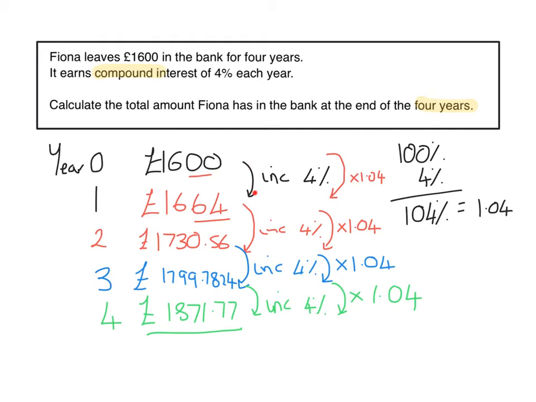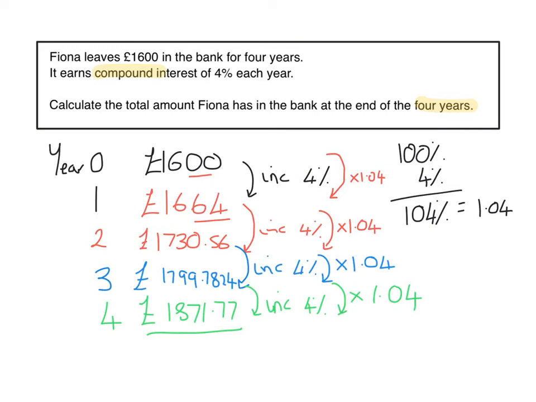So for each year, I've times by 1.04, times 1.04, times 1.04, times 1.04. So there is a simpler way of saying that. Let's just write out exactly what I've done.